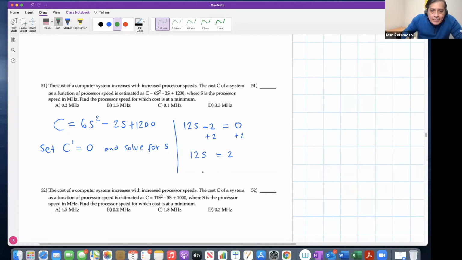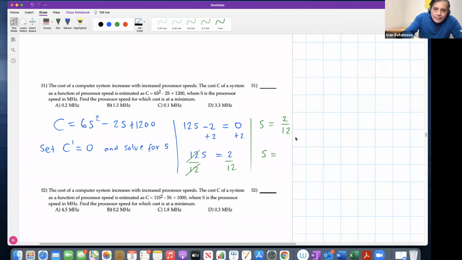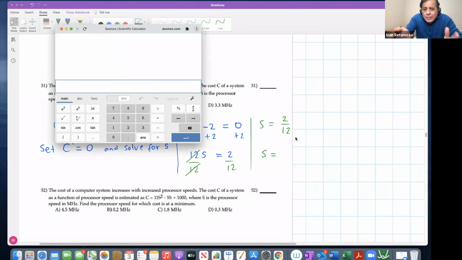Now, be careful, guys. Always when you divide both sides of the equation by a quantity, that quantity must be the one attached to the variable, not the smallest. The one attached to the variable is 12. So S, believe it or not, should be 2 over 12. 2 over 12, Professor, what's that? Well, you can simplify and say it's 1 over 6.